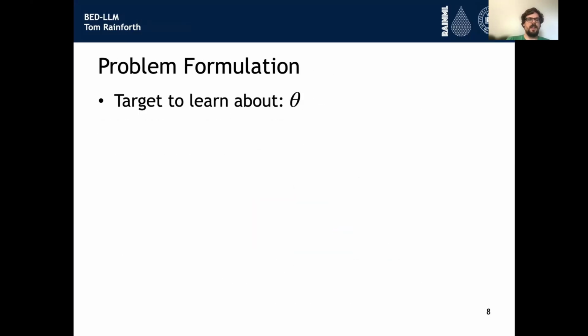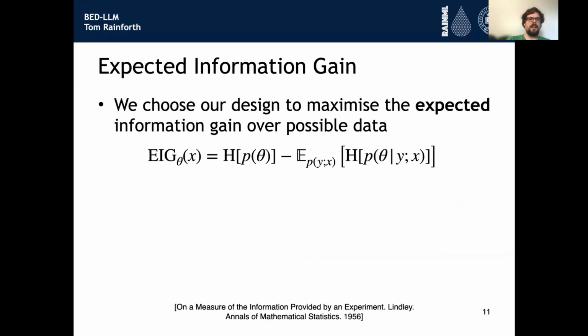So if we skip back a bit through the talk and look at these two forms of the expected information gain, we've got the notion that we look at it as prior entropy minus expected posterior entropy. In that form, the prior entropy doesn't depend on the designs, so we can ignore it. Then we've got an expectation over data of our posterior entropy.